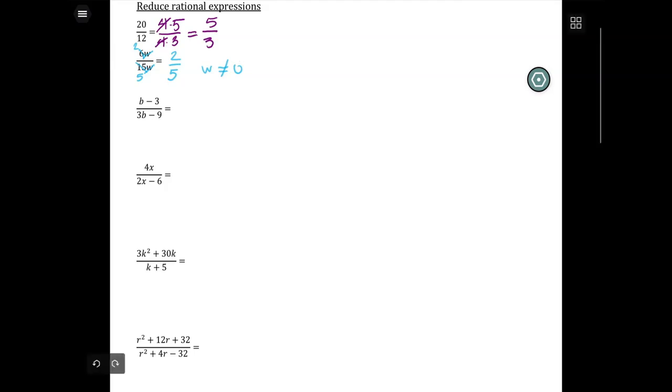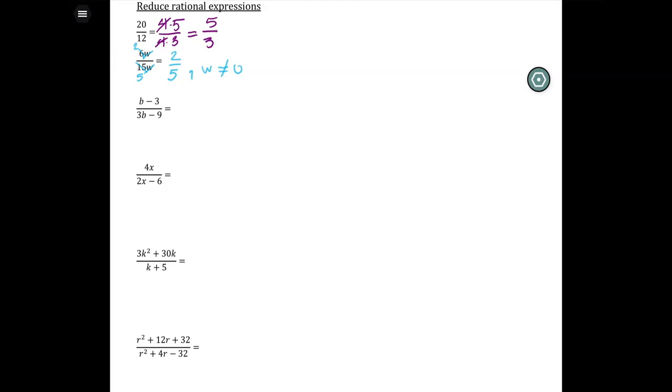It's true that 6w over 15w equals 2/5, but really to make that statement true, we'd have to specify that w can't be 0, because if one side works when w is 0 and the other side doesn't, then it's not a true statement. I do not need you to write that every time, but start thinking about it. It's something that we'll need to think about with functions.